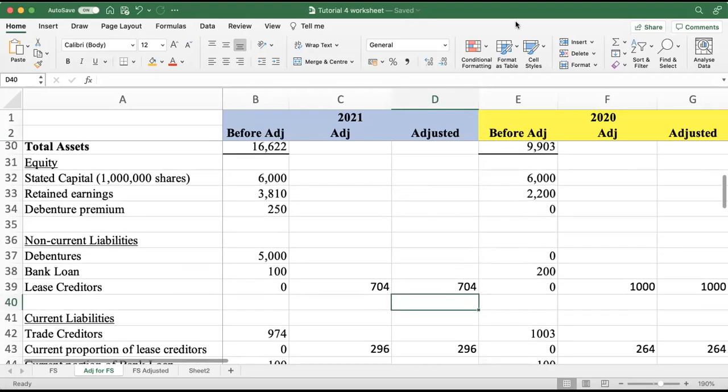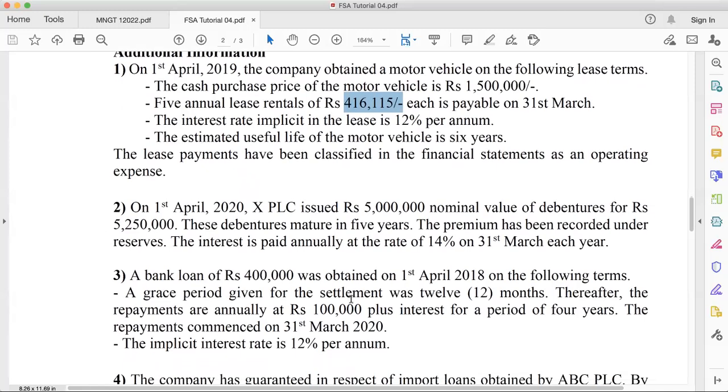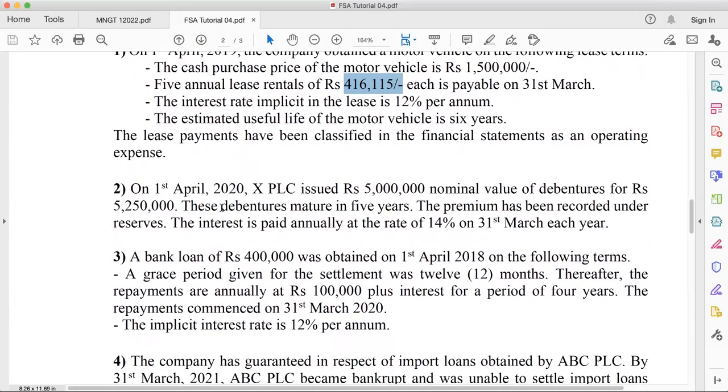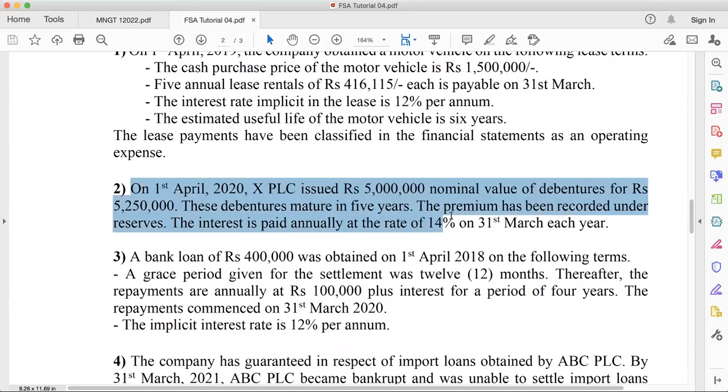Right. So let's see number 2. On 1st April 2020. So this is beginning of 2020-21 year.